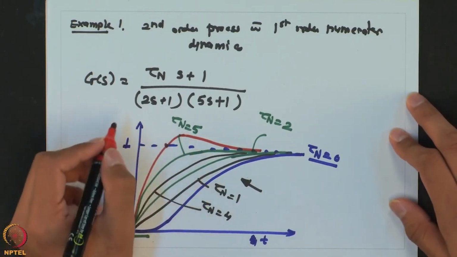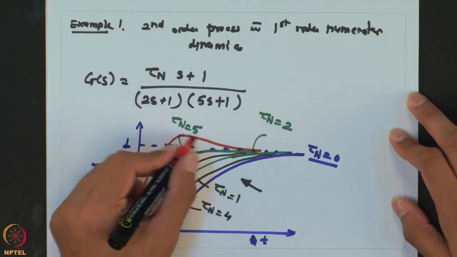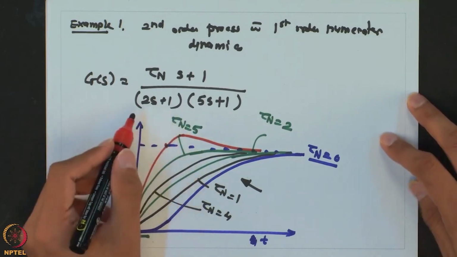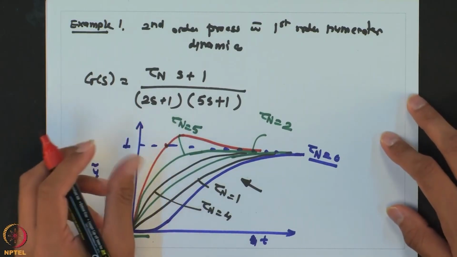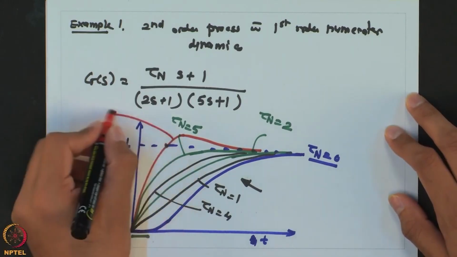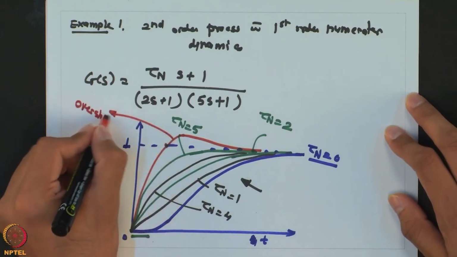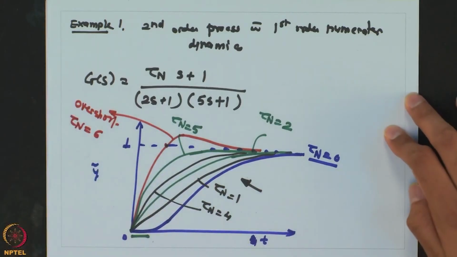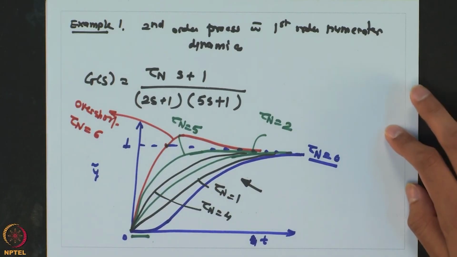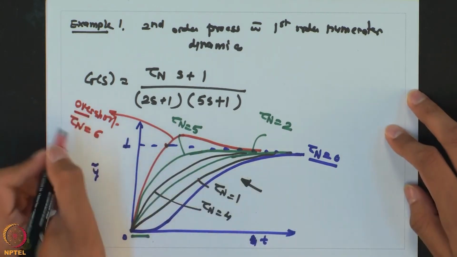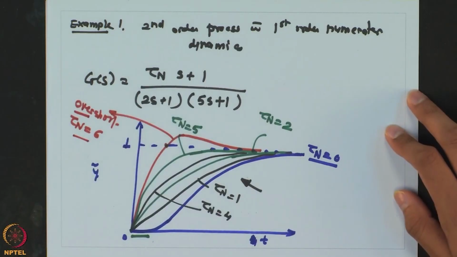There are no oscillations, but the response is exceeding the ultimate value because both the dynamic modes are contributing more than the constant term inside the response, and what you get is overshoot. This is for tau n, let us say, equal to 6, which is greater than 5. So, what we are having is an overdamped system without oscillations giving you overshoot. That is possible only when you have numerator dynamics.